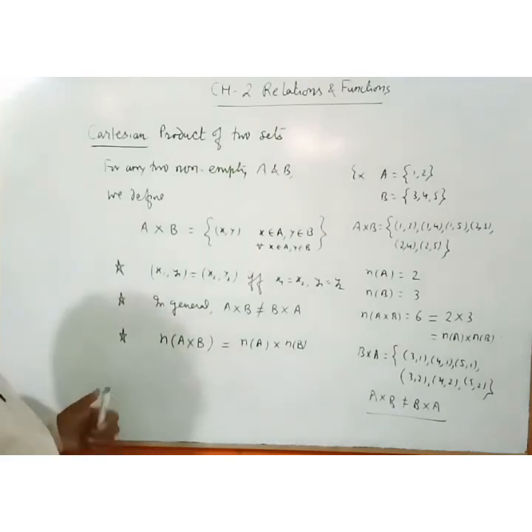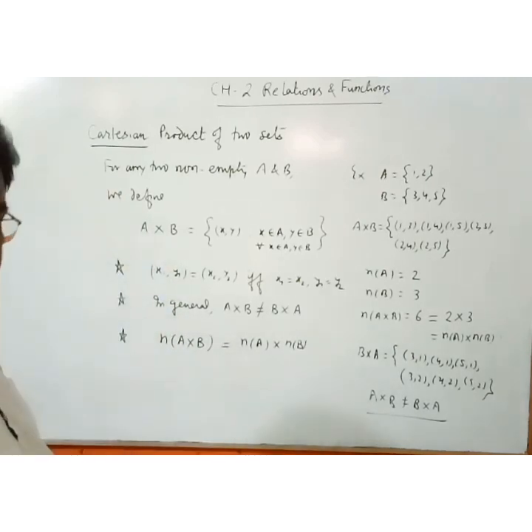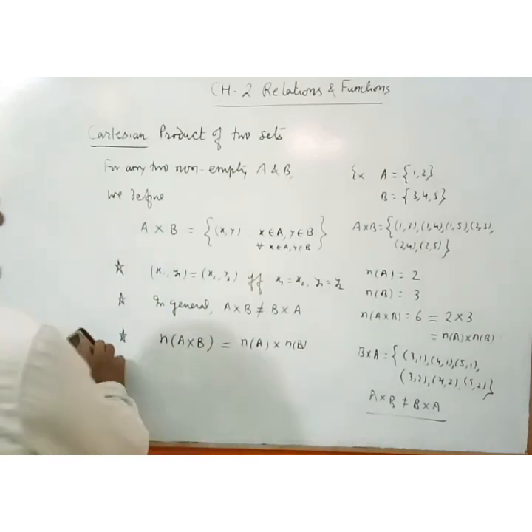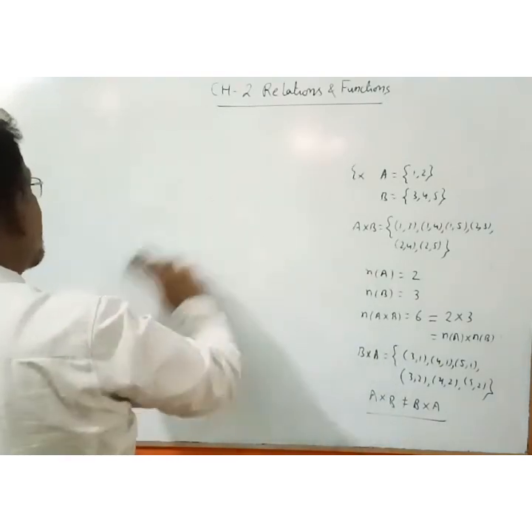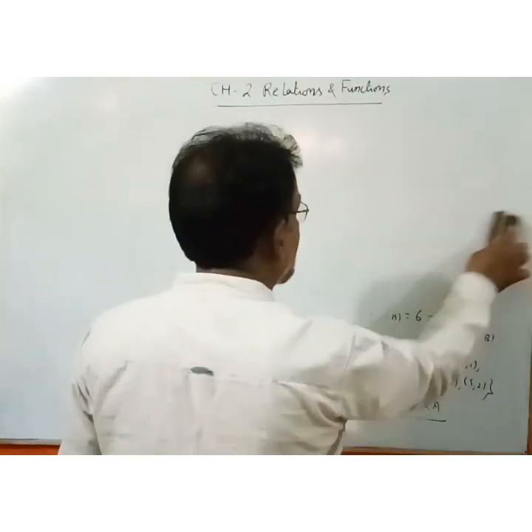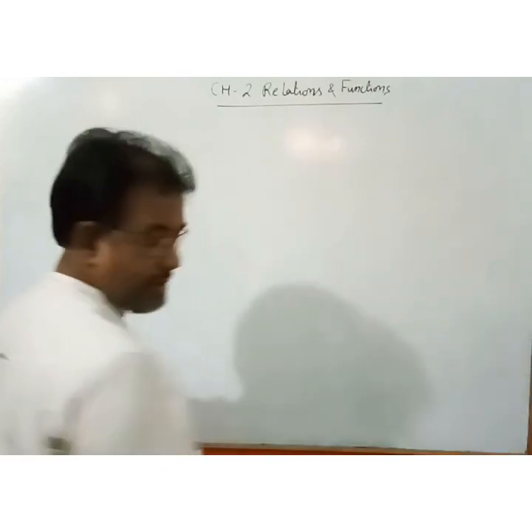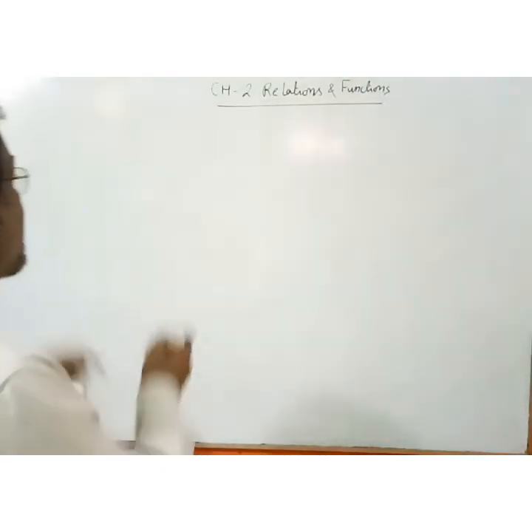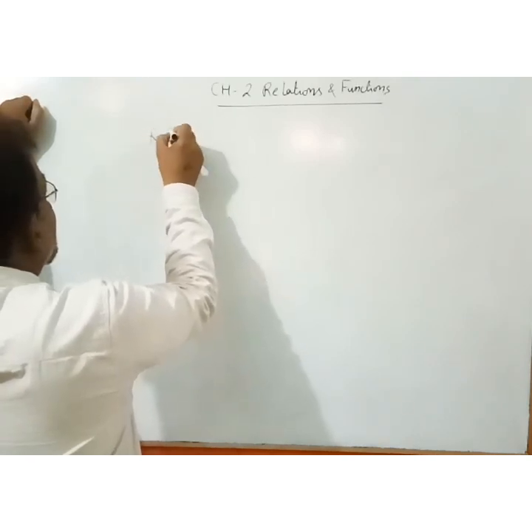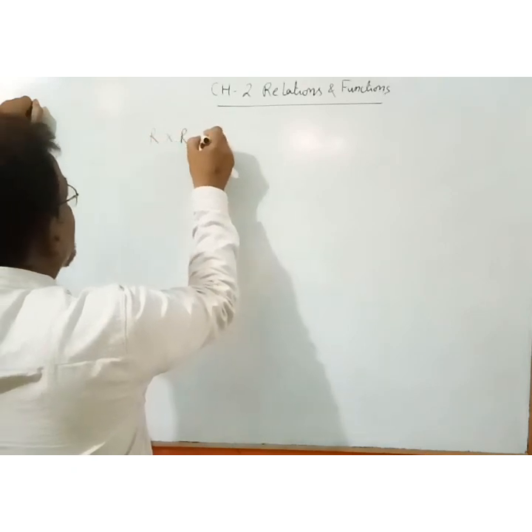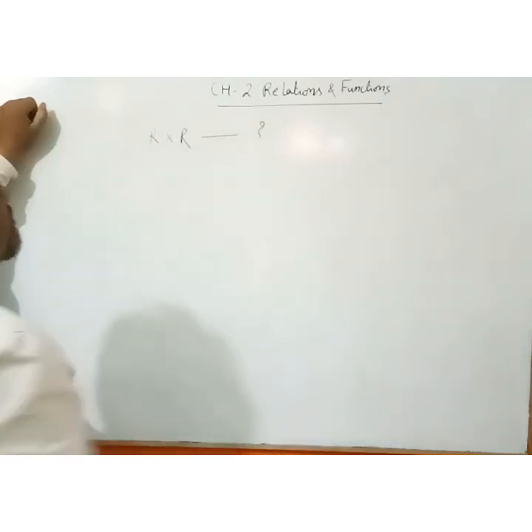So these are the basics of Cartesian product. Try to understand them. Now let us see what R cross R represents.